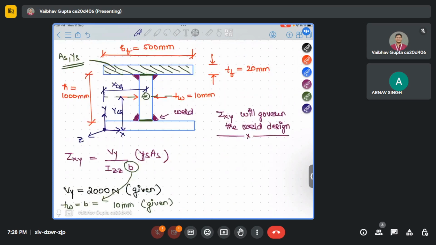So we have to find for this section. What is Y? Y will be equal to H by 2. So we have to find Y for H by 2.